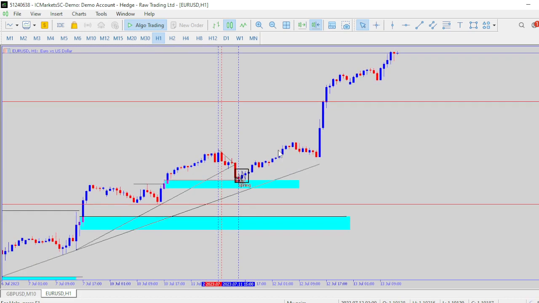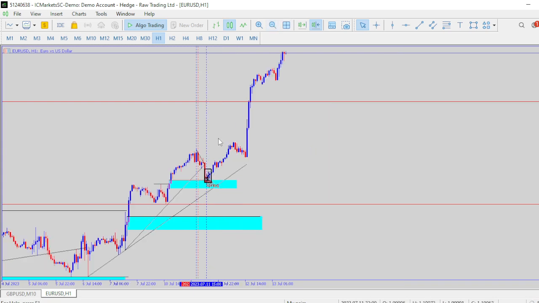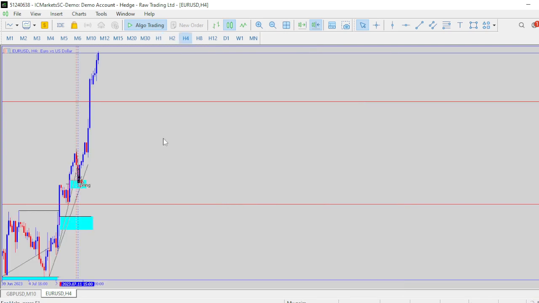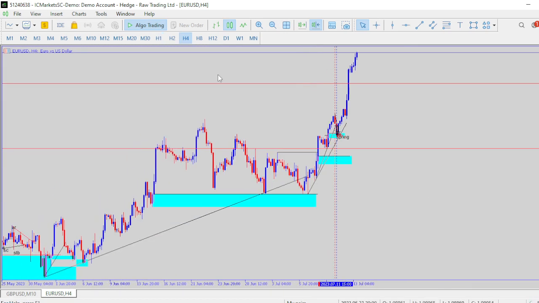Yeah, guys, this is a trade setup that has a high probability for me. High probability. And if the price is bullish, it's bullish until it turns bearish.